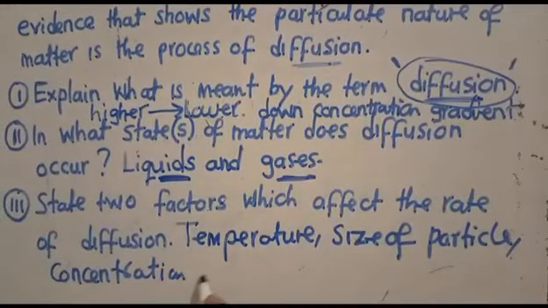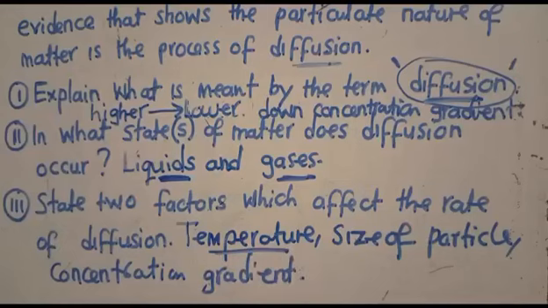So I'm going to explain to you very well how temperature affects the rate of diffusion, how the size of particles affects it, and the concentration gradient. I just wanted to give you these answers so you know how to answer these particular questions in an exam. So if questions were to come like this, you are able to answer them.